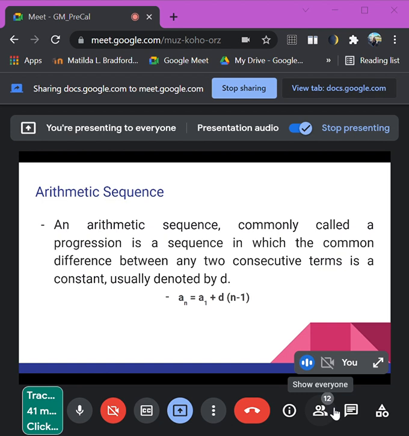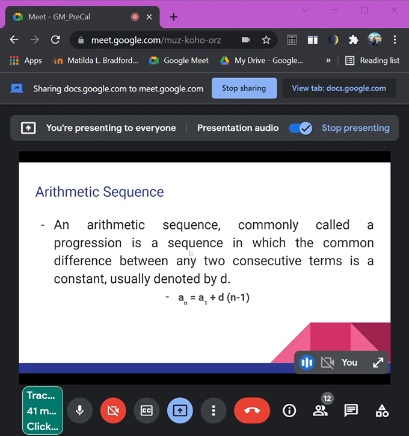But if ever you were given only 3 terms and you need to find term number 20, you need to use our formula, which is a sub n is equal to a sub 1 plus d, quantity n minus 1.